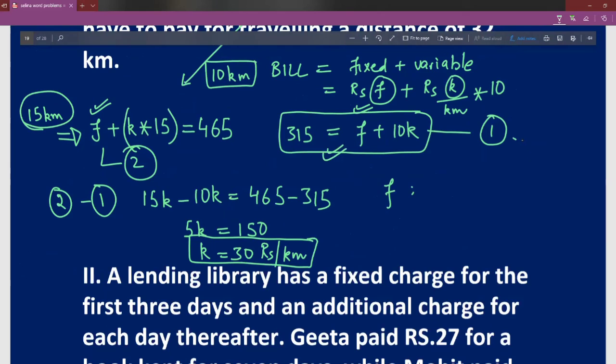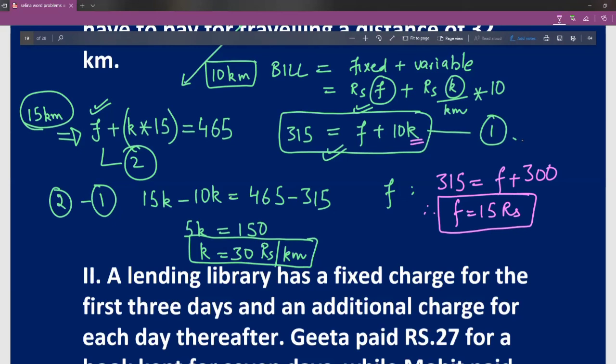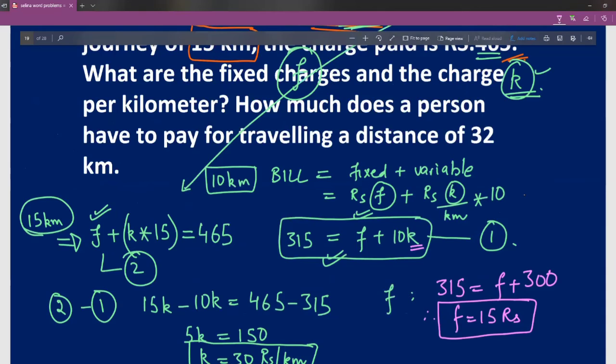This is an easier equation to use. Using this, what I get, 315 is equal to F plus 10K. 10K is 300. Therefore, F is equal to 15 rupees. This is the fixed amount.